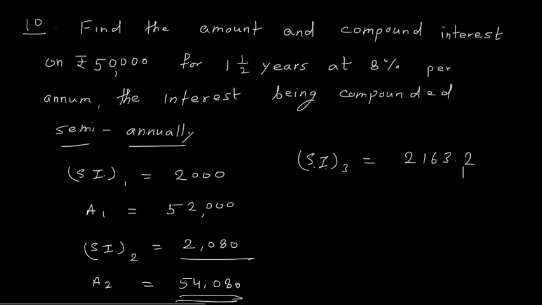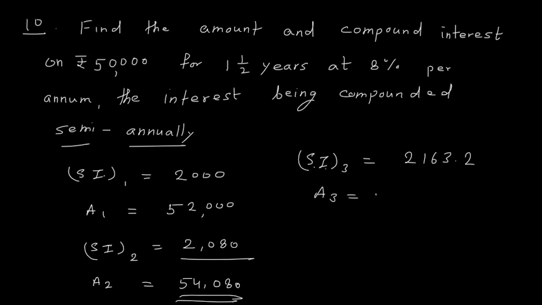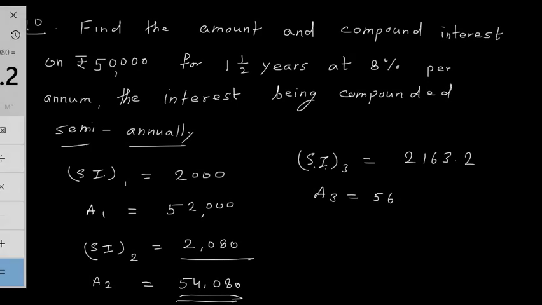This is simple interest. So the third amount, the final amount, I will add to 54,080, and total amount is 56,243.2.